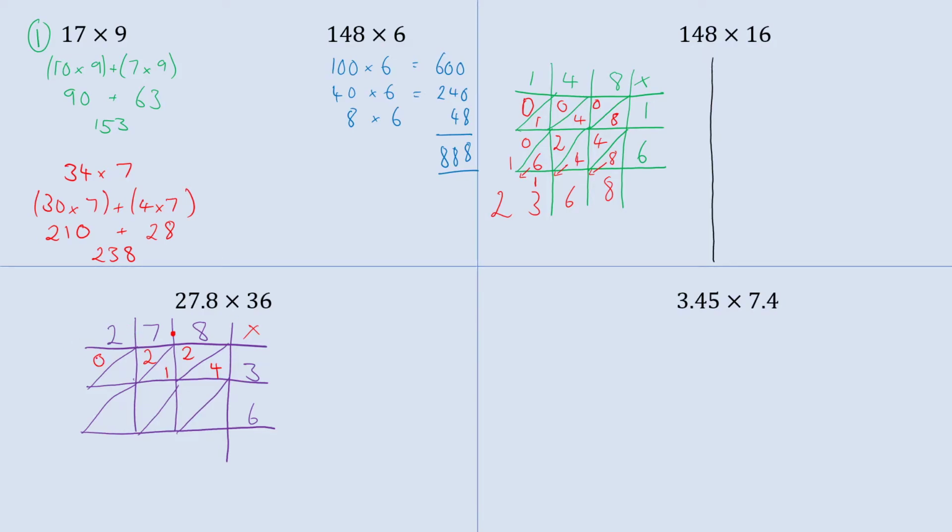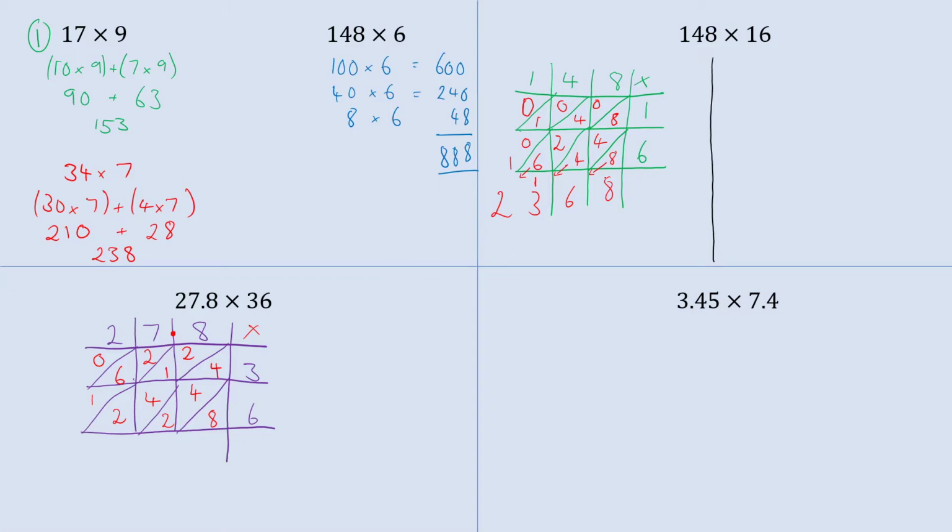So 6 would be 0 tens, 6 units. 8 times 6, which is 48. 7 times by 6, which is 42. 2 times 6, which is 12. And you can see how knowing your times tables actually makes things really snappy with that.